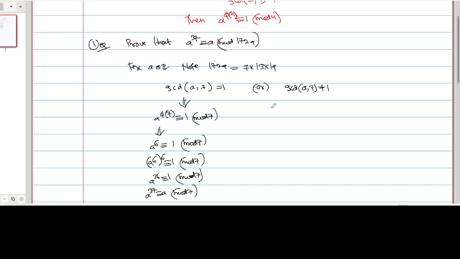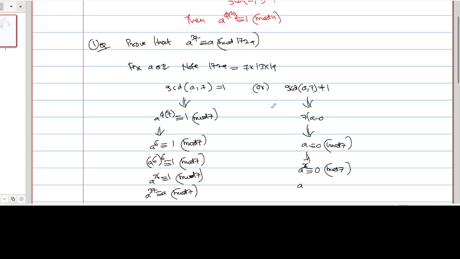In the other case, whenever a is not relatively prime to 7, automatically 7 divides a. That means 7 divides a minus 0. Again, by definition of congruence, a is congruent to 0 modulo 7. Therefore, taking power 36, a power 36 is congruent to 0 power 36, which is 0 mod 7.